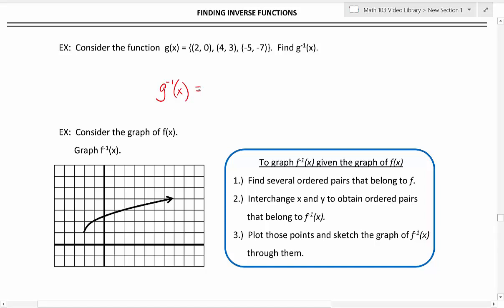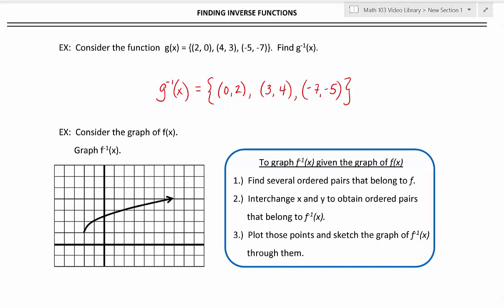So to get the inverse function, all we need to do is switch the x and y coordinate in each ordered pair. G inverse is the set of ordered pairs (0, 2), (3, 4), (-7, 5), (-5).